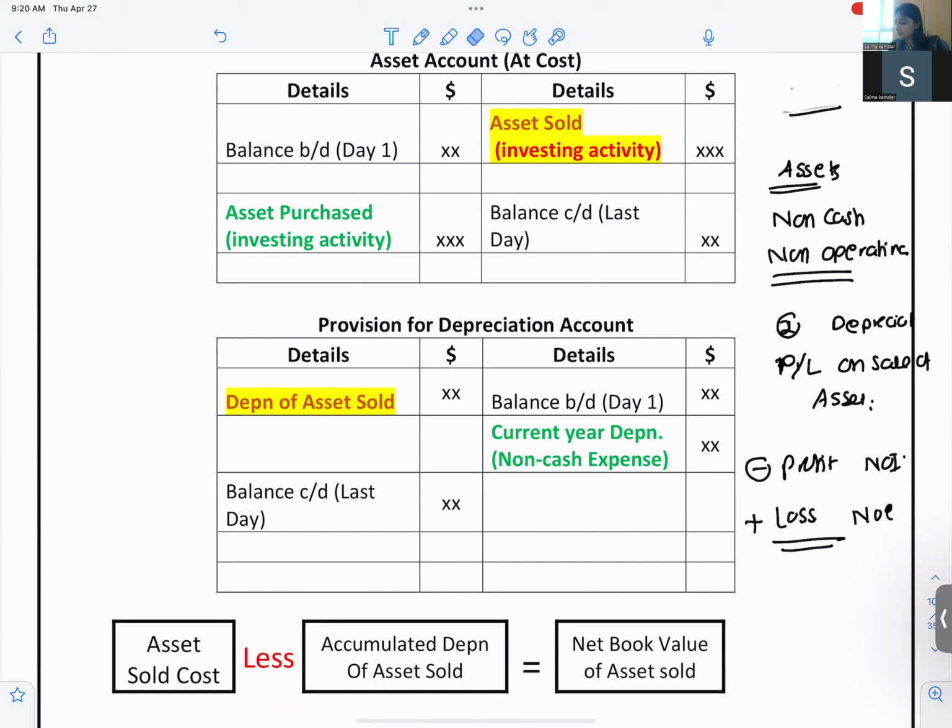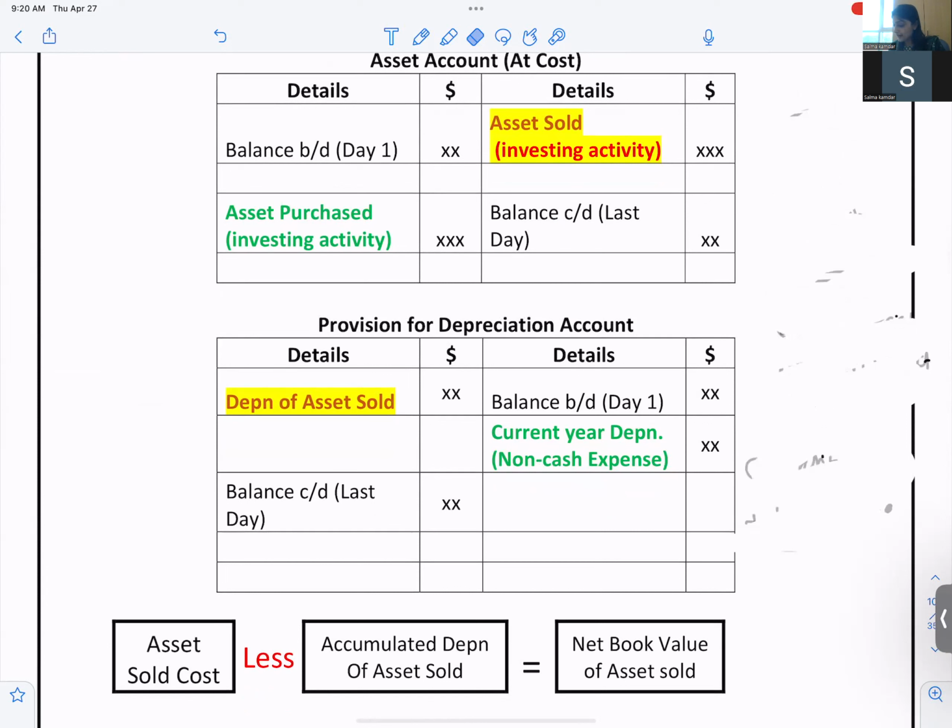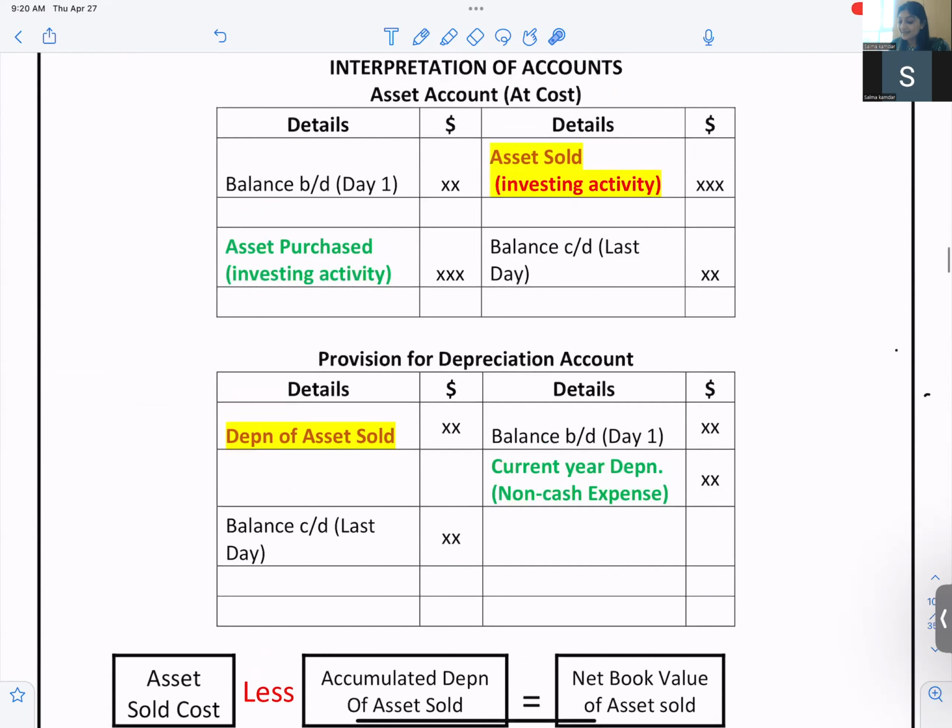So we are going to talk about interpreting the asset account. Once you know what things are where, you will come to know what is an investing activity, what is a non-cash expense, what is a non-operating expense, what is a non-operating income. For that, you need to interpret some accounts and arrive at the missing information.